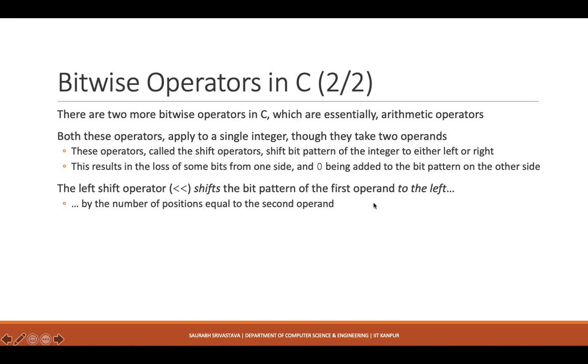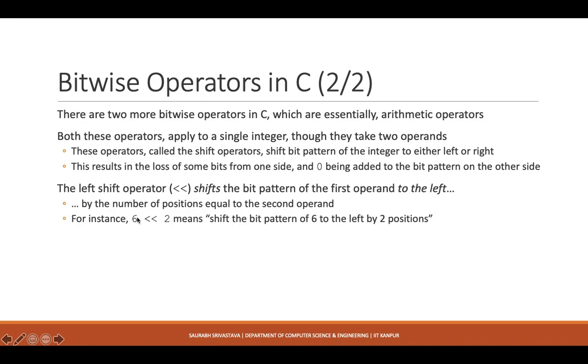This is a shifting operator, and it takes two operands. The first operand is the integer that I was talking about. The bit pattern of this integer operand is shifted to the left by the number of positions equal to the second operand. For example, 6 left shift 2 means shift the bit pattern of 6 to the left by 2 positions.